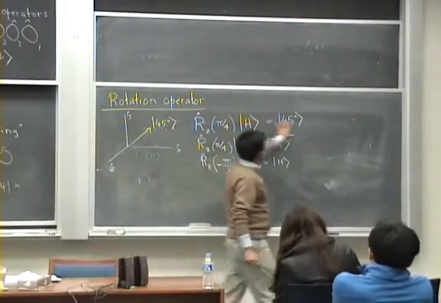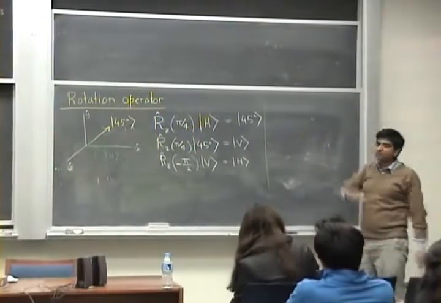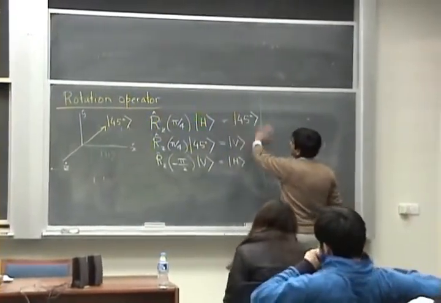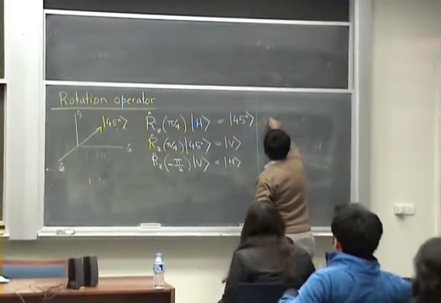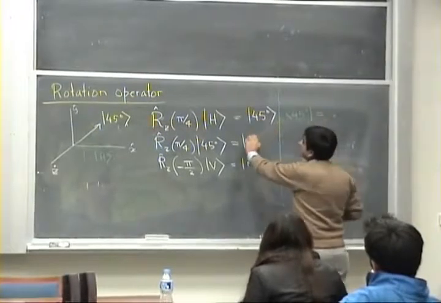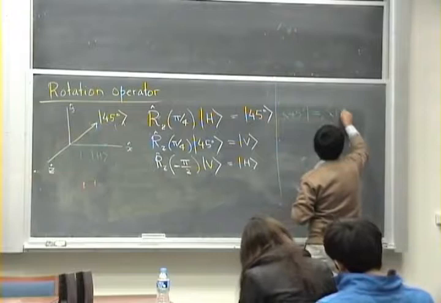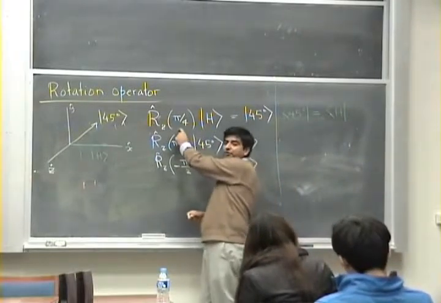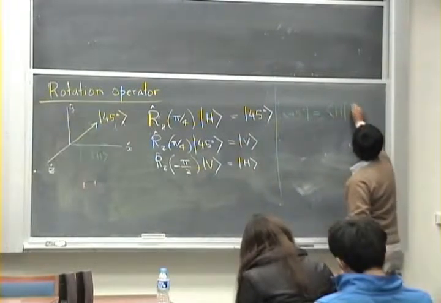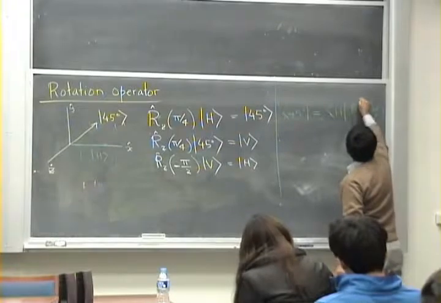Likewise, if I look at this relationship and I want to find the dual of this operator equation, I would take the corresponding dual vector, which is the bra. So this becomes bra 45 degrees, which equals some operator that acts on bra H. And what is that operator? It's going to be the adjoint of this. So I would write Rz pi by 4 with a dagger.